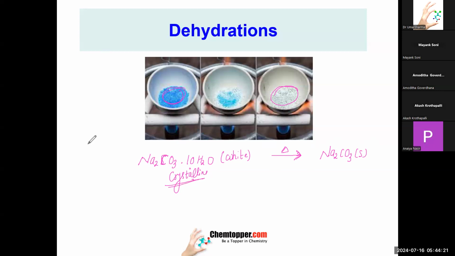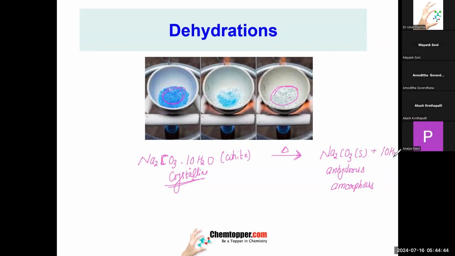Crystalline means sharp edges like this. Anhydrous salts are amorphous. They don't have sharp edges. And where has the water gone?